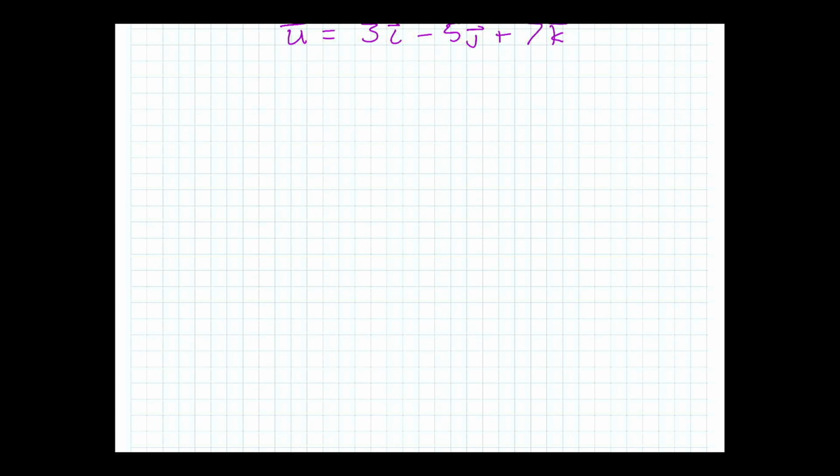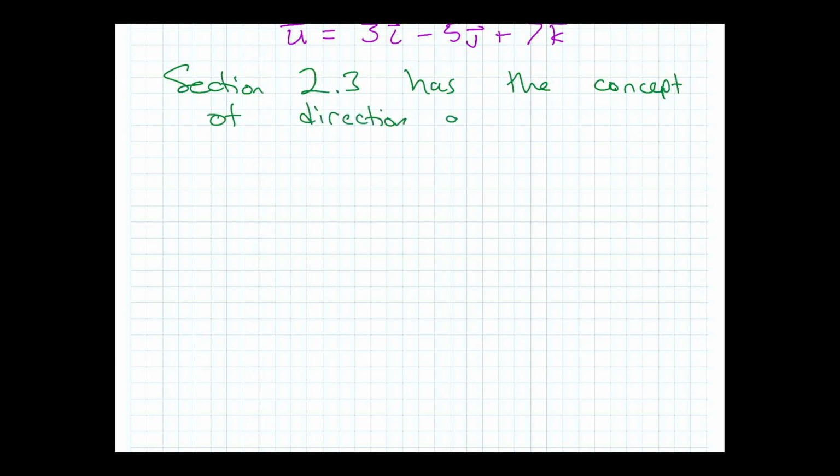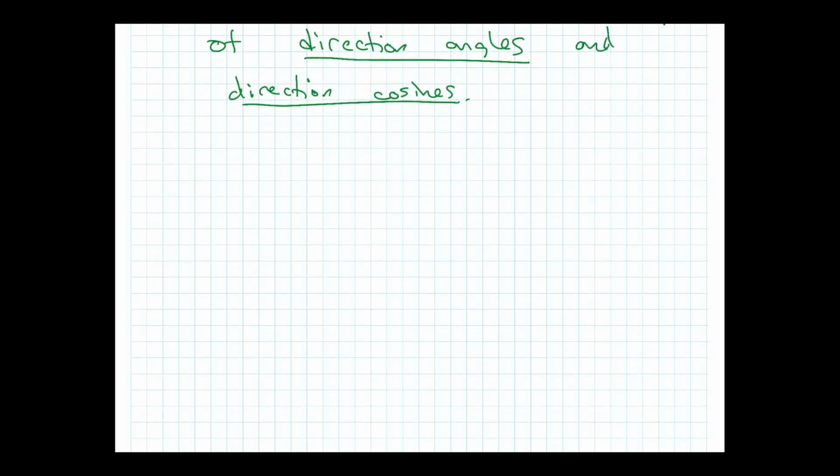So in this section 2.3 has the concept of direction angles and direction cosines. Now, what are those? So the direction angles are the angles that a vector makes with the I, the j, and the k.